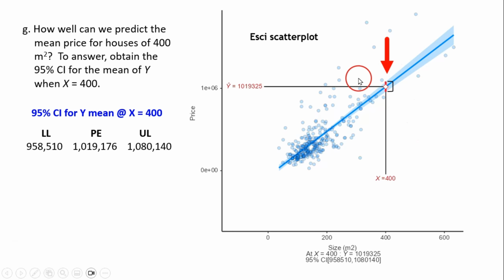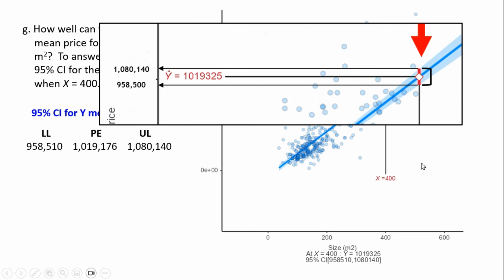Let me zoom in on that confidence interval so you can see a little more detail. There I've zoomed in. I took a picture of it and added some information. There's the lower end of the confidence interval and the upper end of the confidence interval, and then I drew a line across to the corresponding y value.